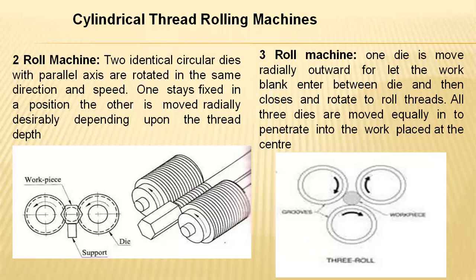One will move outwards, and the blank enters between the dies, and it closes. Later the rolls rotate with the same orientation and equal speed, penetrating the threading into the material up to the particular depth or thickness that needs to be obtained.